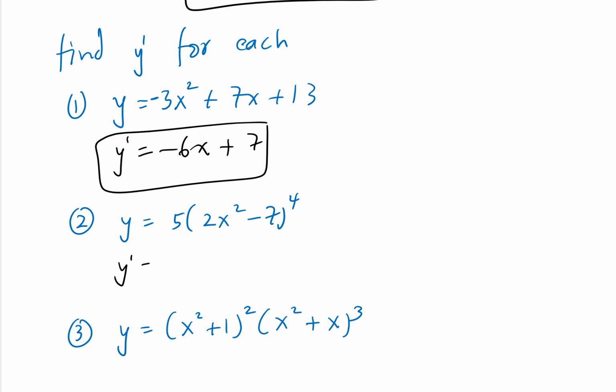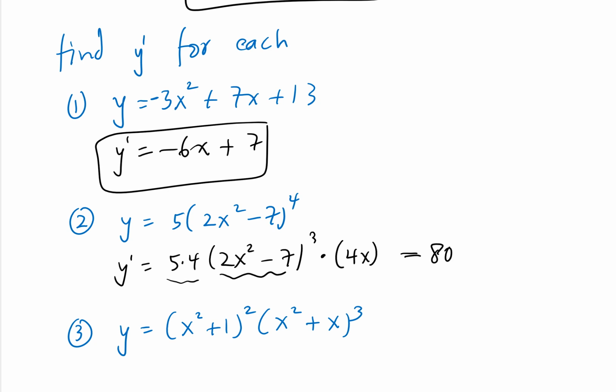For the next, y prime: keep the 5 out, bring the 4 down, (2x squared minus 7) to the third, times the derivative of the inside by the chain rule, which is 4x. So that's 20 times 4, 80x times (2x squared minus 7) to the third power.